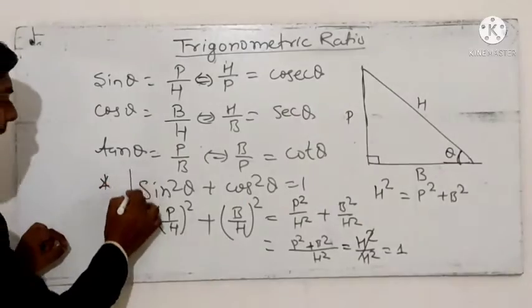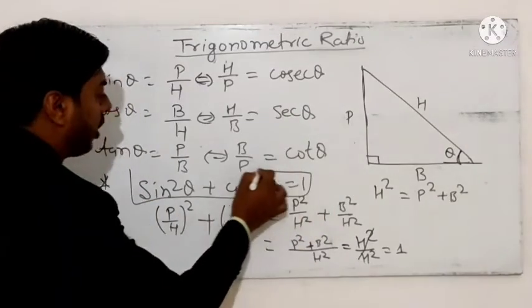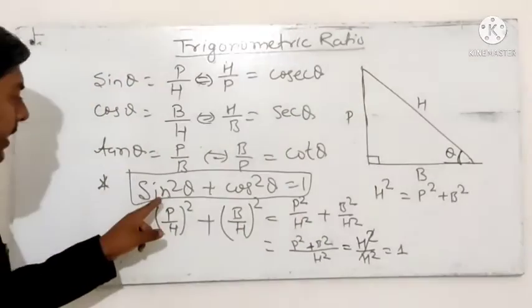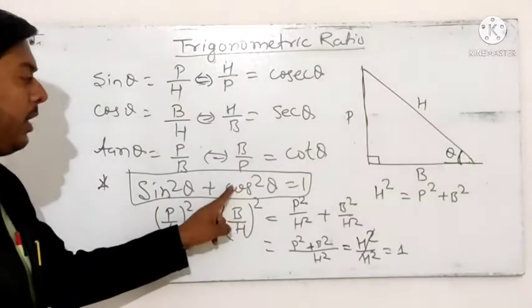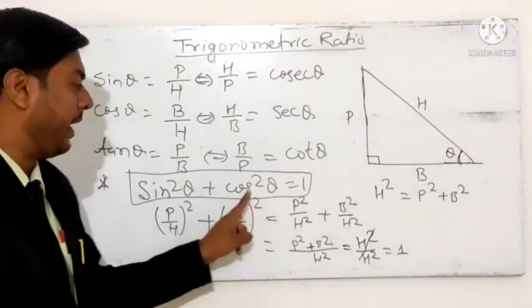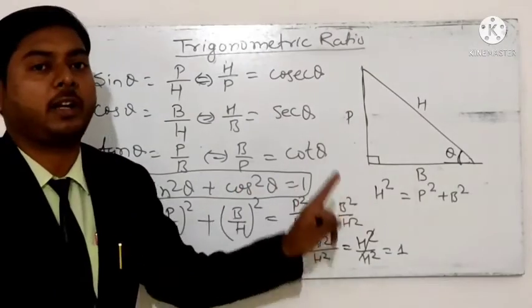From sin square theta plus cos square theta equal to 1, taking cos square theta to the right-hand side, we get sin square theta equal to 1 minus cos square theta.